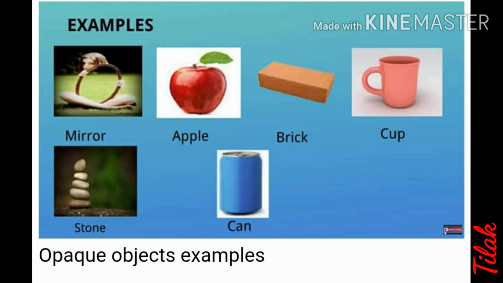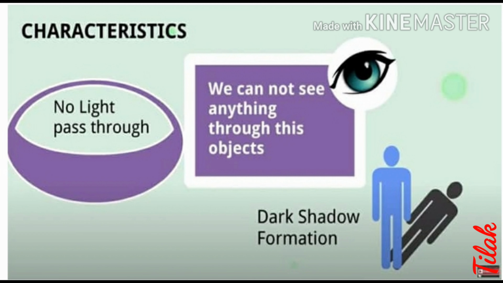So they all are examples of opaque objects. Now, what are the characteristics? No light passes through them. We cannot see anything through these opaque objects, and a dark shadow is formed of these opaque objects.